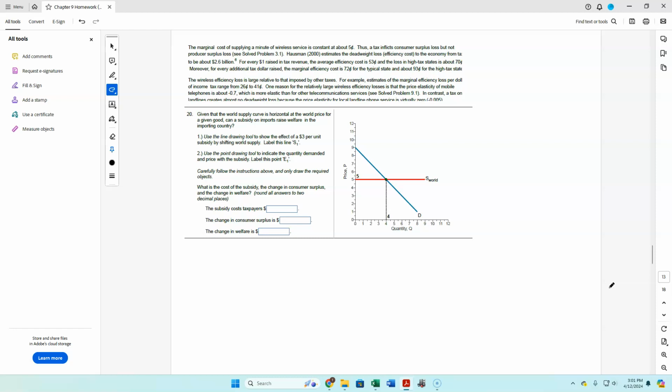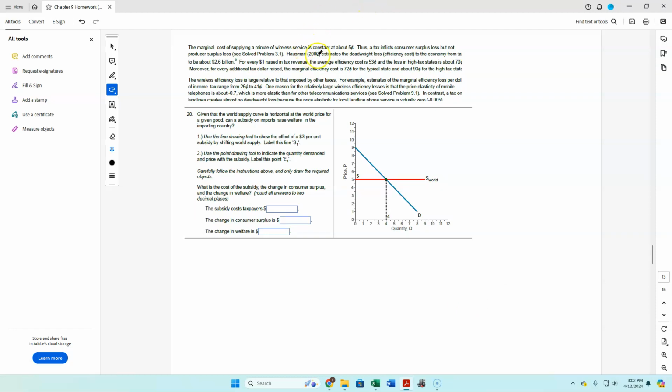Here we've got a horizontal supply curve and a regular downward sloping demand curve, and we're asked to solve for the subsidy, consumer surplus, and change in welfare.